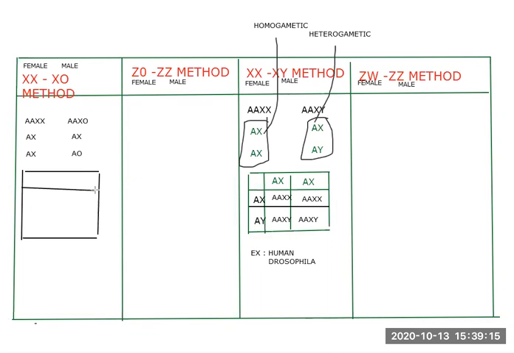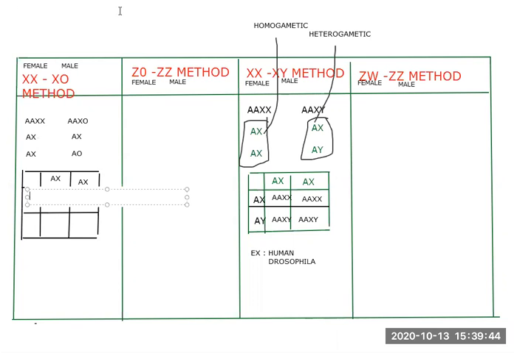And again, the same question. Who is heterogametic here? Female or male? You should answer: male. Same as there, here also, female is homogametic and male is going to be heterogametic.